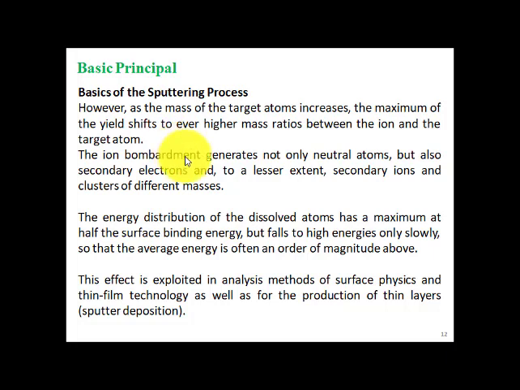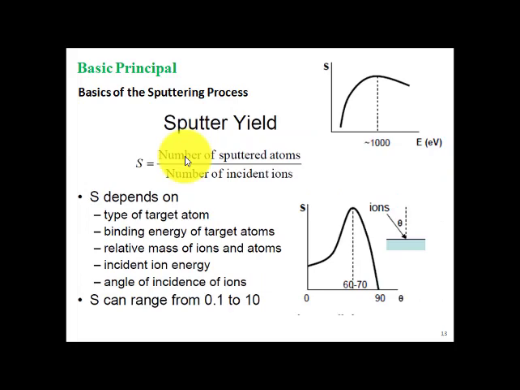Sputtering can be examined by using sputter yield, that is, how much sputtering has been done. Sputter yield is represented by S, which is equal to the number of sputtered atoms divided by the number of incident ions.